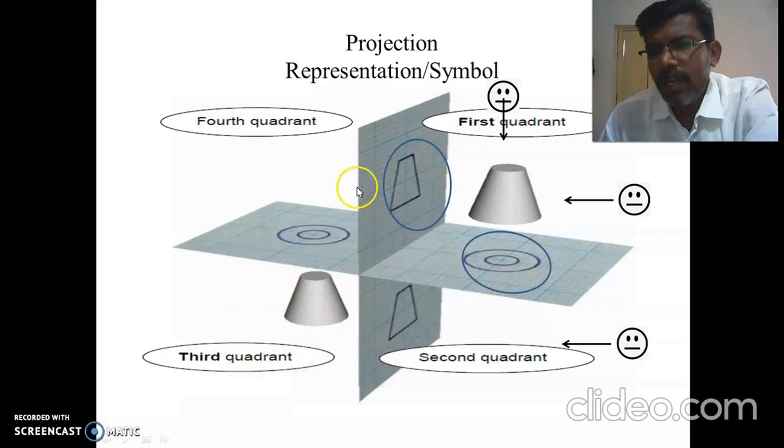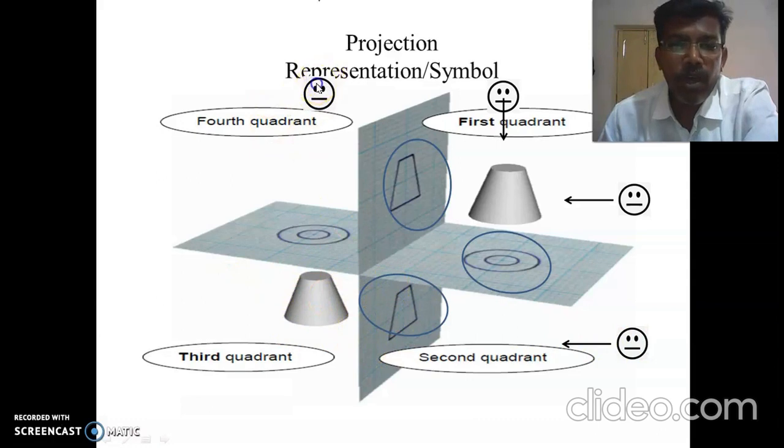Now let us imagine this is a transparent vertical plane. Once again you are sitting in the same place, observing it. The view of the object is going to appear on the vertical plane like this. And the view from the top is going to appear on the horizontal plane.